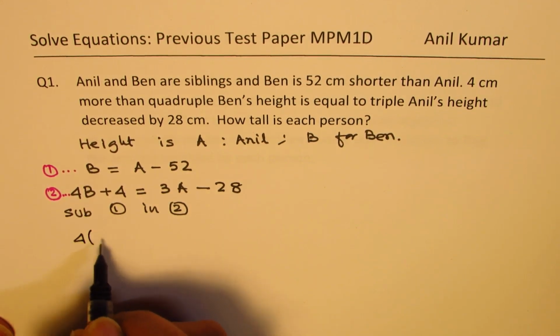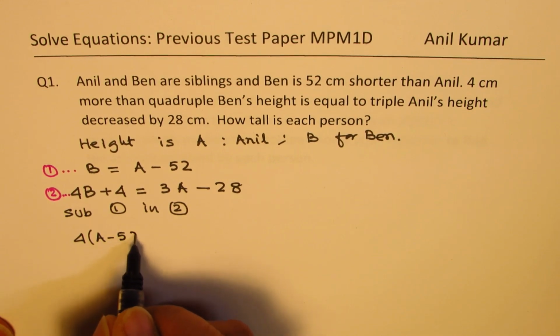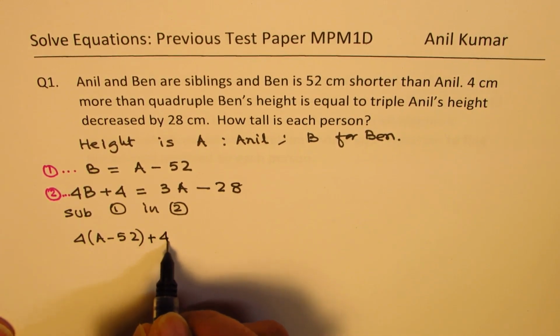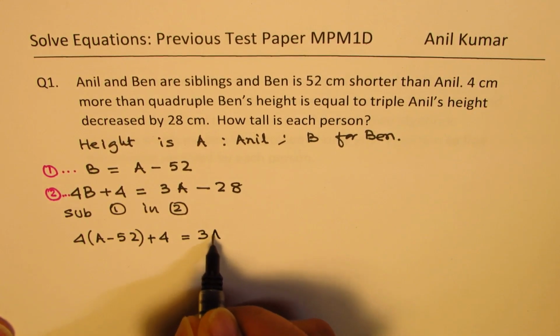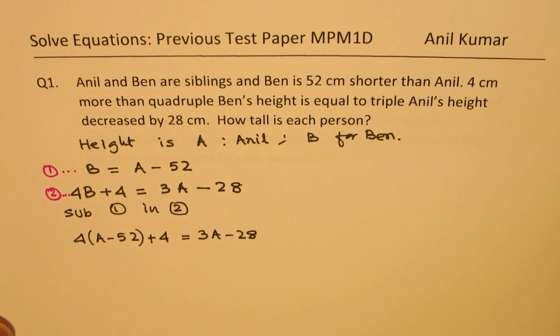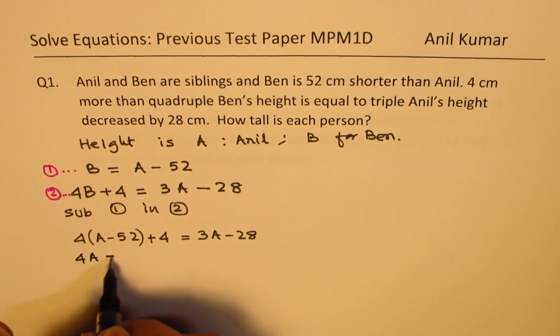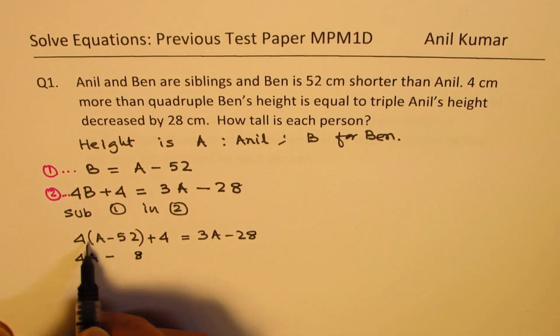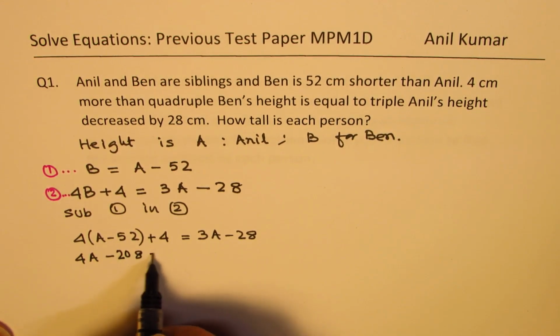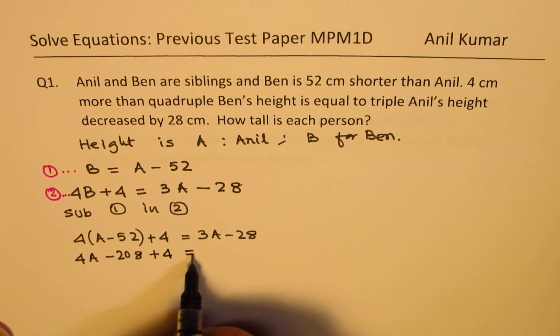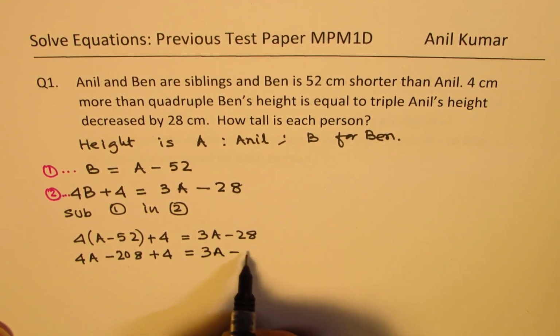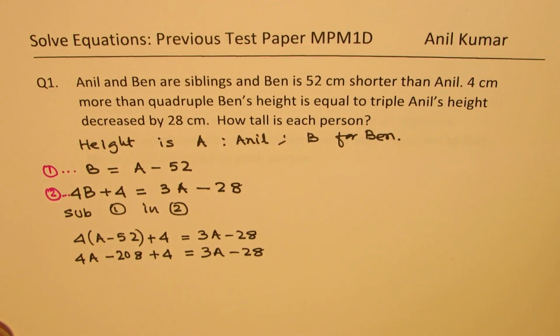So we get 4 times (A minus 52) plus 4 equals 3A minus 28, right? Let's open the bracket. So we get 4A minus 4 times 52, which is 208, plus 4 equals 3A minus 28.